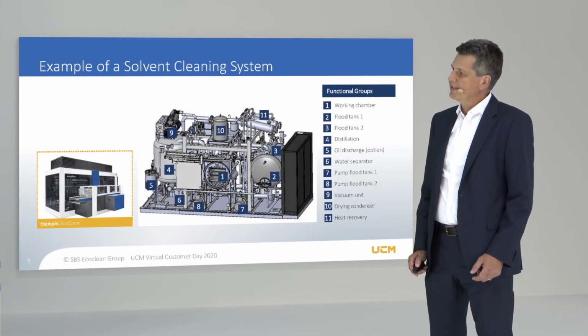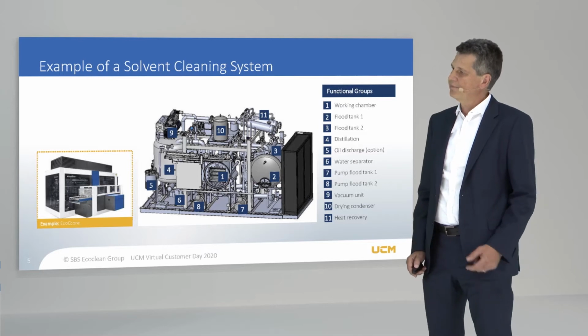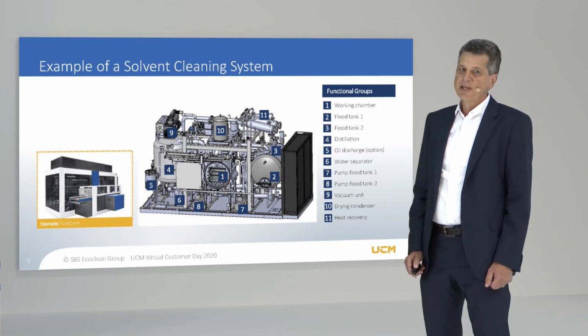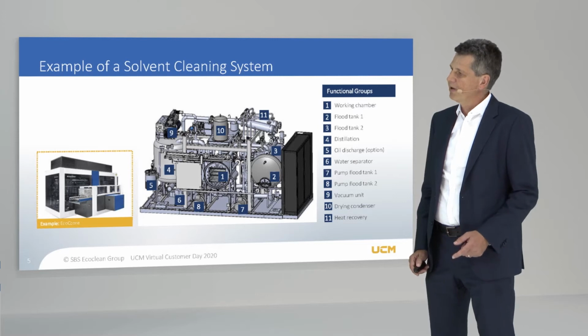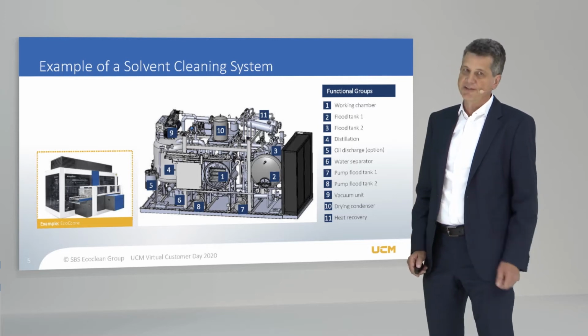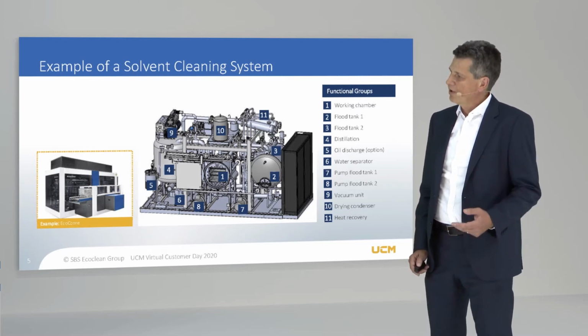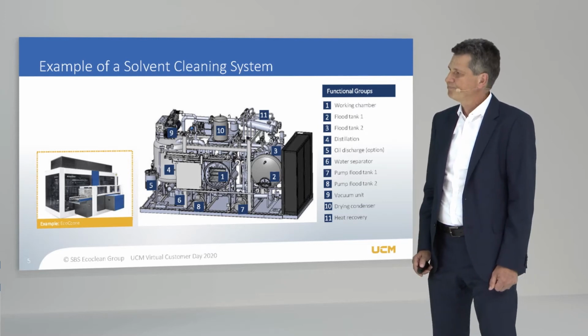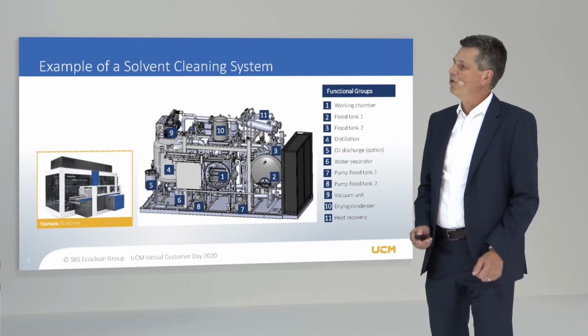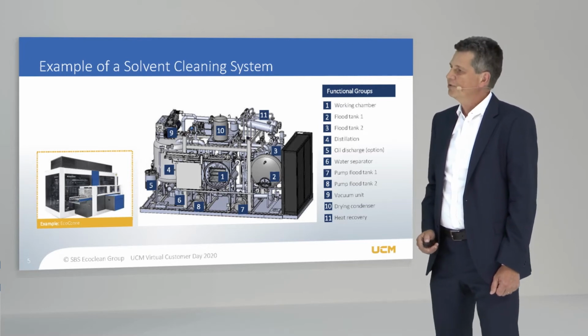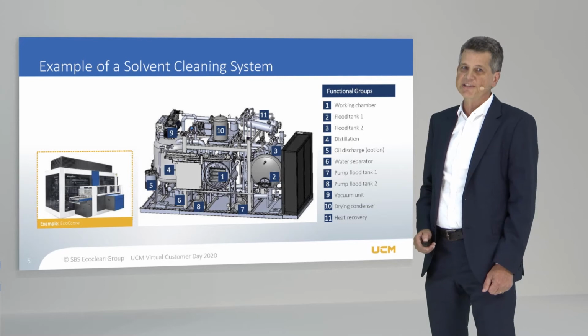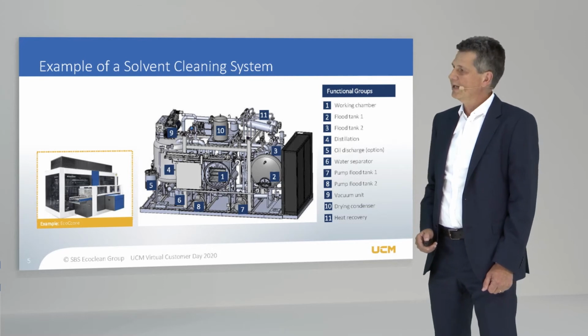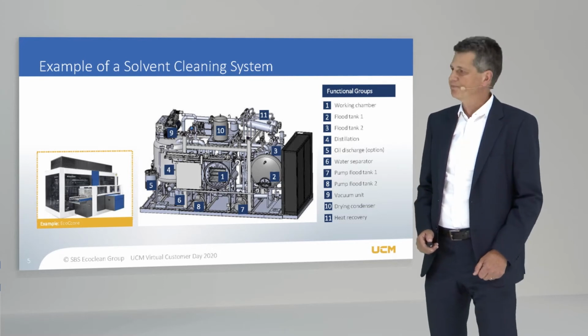And then second and third, the 2 flat tanks, and the corresponding pumps marked with 7 and 8 to fill and empty the working chambers out of the flat tanks.